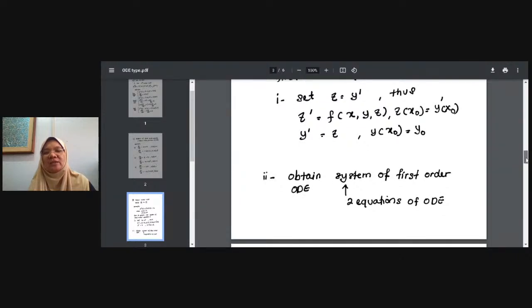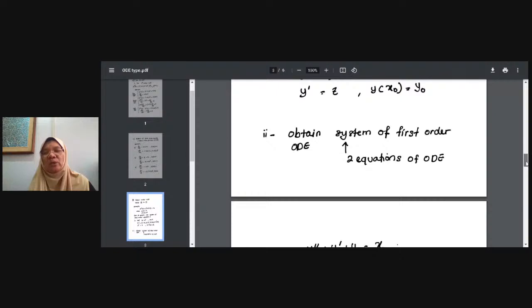Now we go to the second step: obtain a system of first order equations, the two equations of ODE, which we call a system.